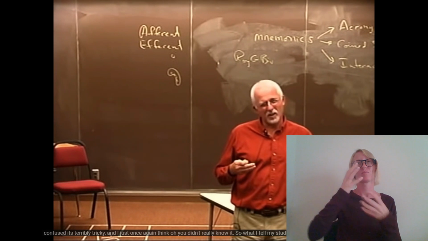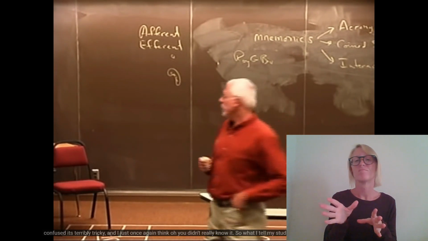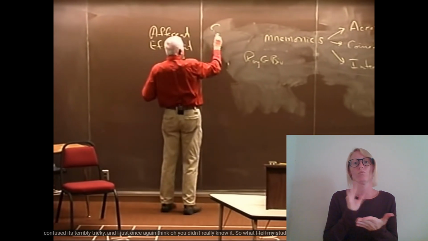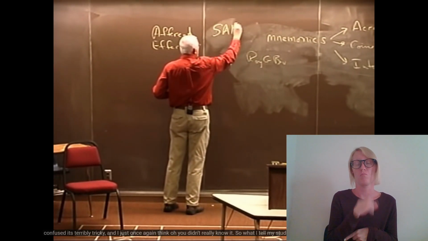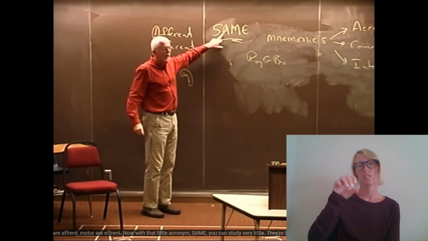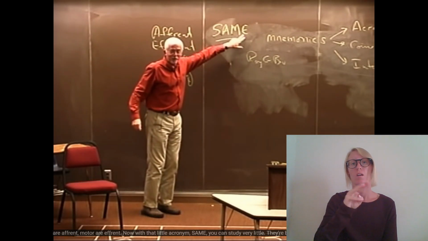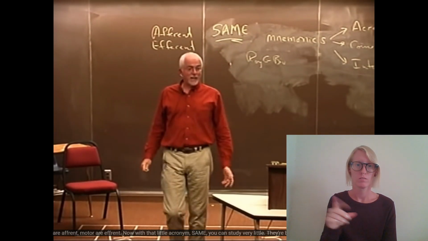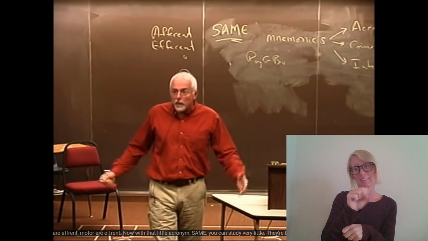And I just once again think, oh, you didn't really know it. So when I tell my students, really they're both the same. Sensory are afferent. Motor, efferent. Now, with that little acronym, SAME, you can study very little.